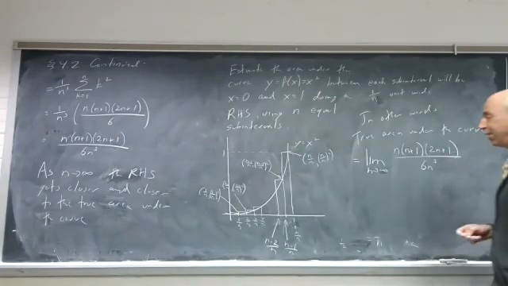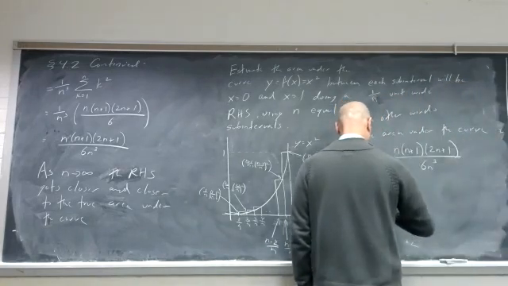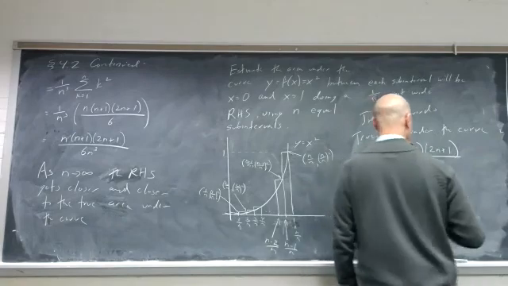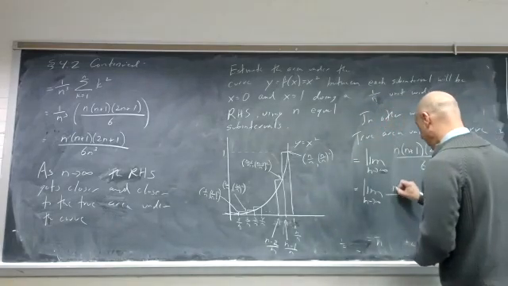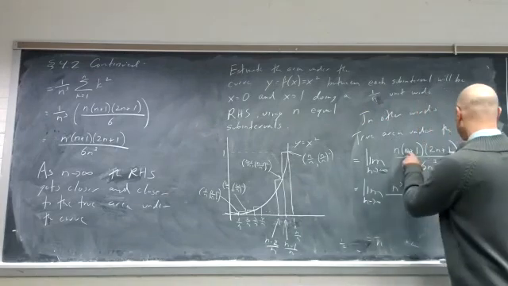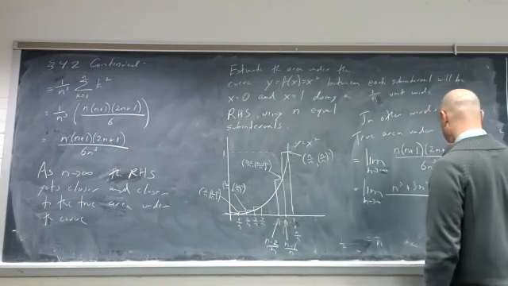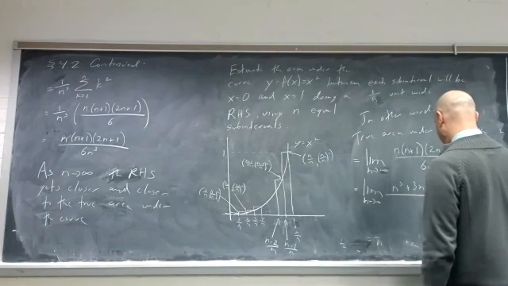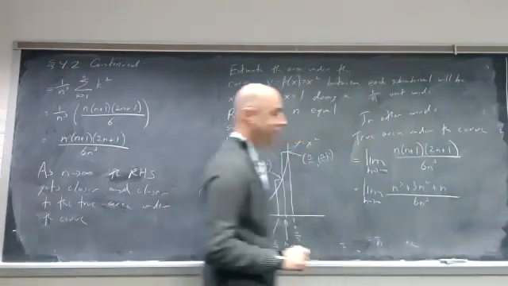You know how to evaluate this. We just multiply the top out. We end up with n cubed, n plus 3n squared plus n over 6n cubed.